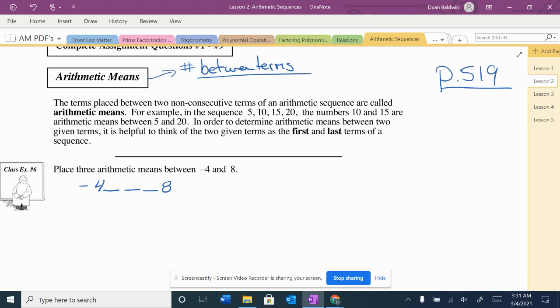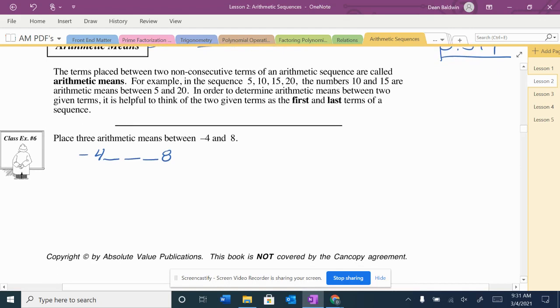Okay, here we go. So, do we know A? Yes. A is -4. How many terms do I have?